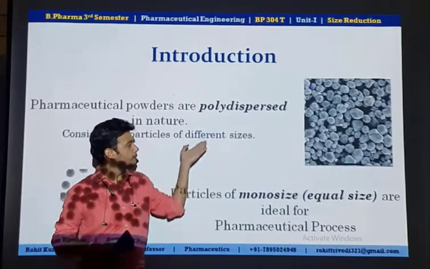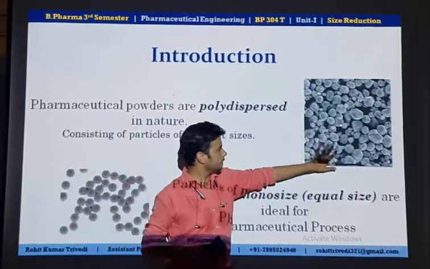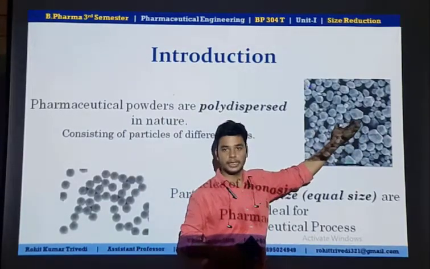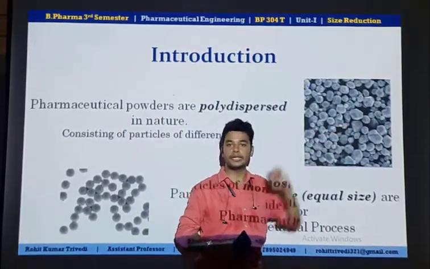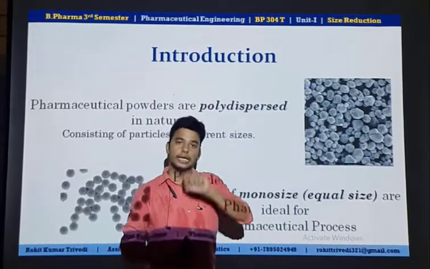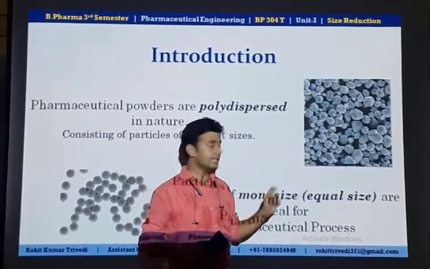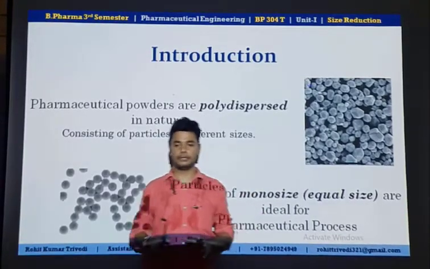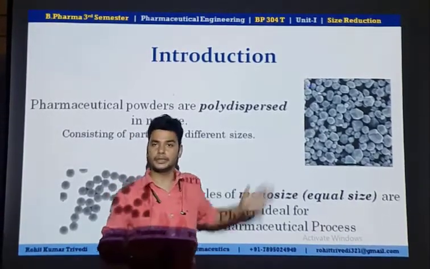Here you can see the particles of different sizes. In this structure, you will find a few particles of large size, a few of medium size, and a few of very small size. This system is called a polydispersed system, and almost every pharmaceutical powdered system is polydispersed in nature.